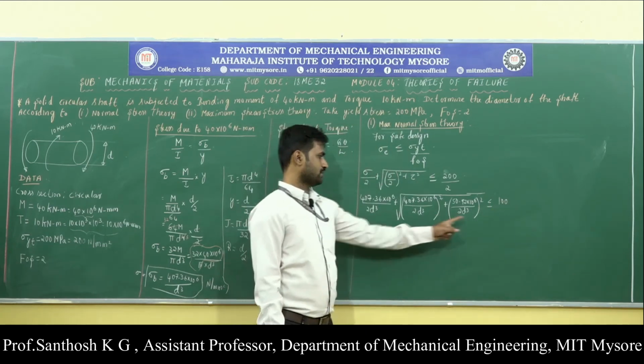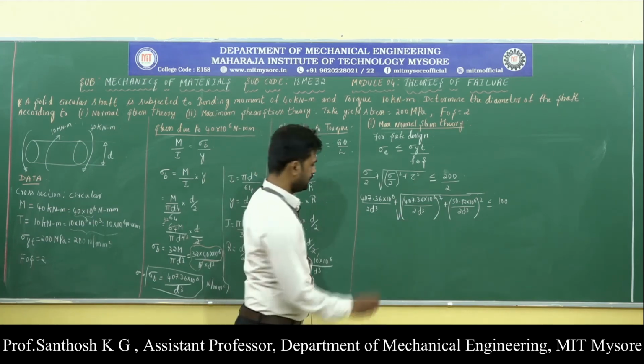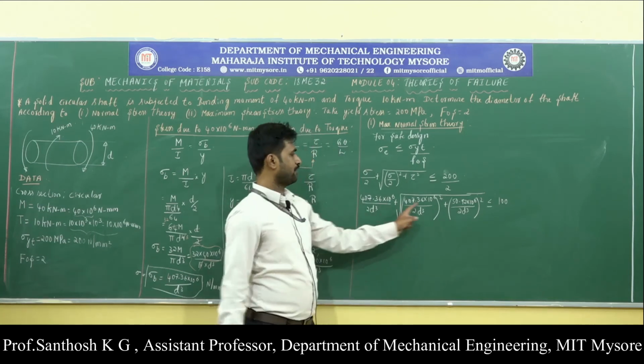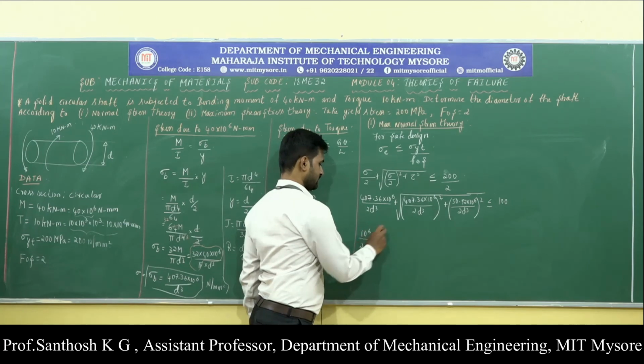If you observe all the terms, in the denominator we are having 2d cube as common, and in the numerator we are having 10 to the power of 6 as common.